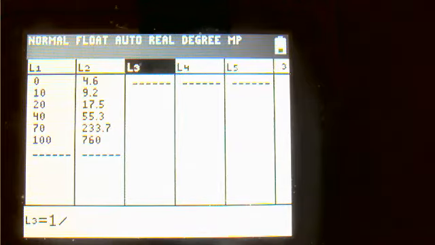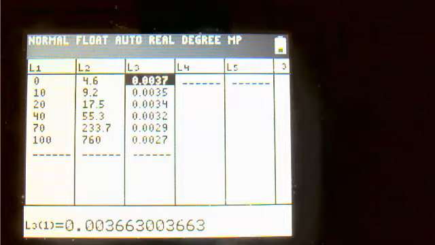Yes, it has to be in brackets. Otherwise, the calculator would go 1 divided by list 1, and then it would add 273 to that. So you want to go 1 divided by L1 plus 273 in brackets. Order of operations, the brackets would get done first, and then the reciprocal. Press enter.